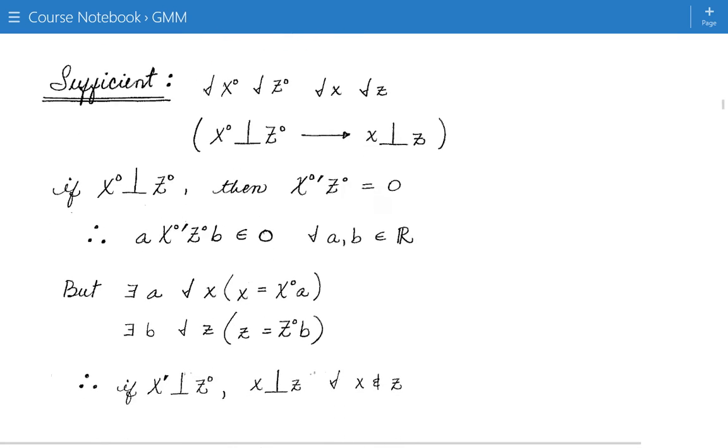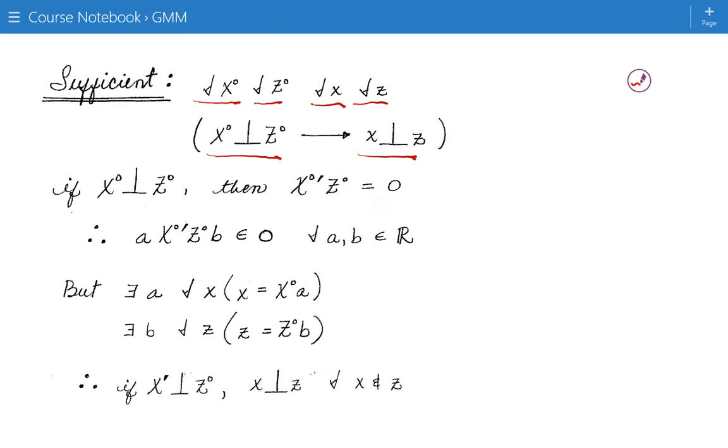Similarly, for the sufficient condition, for all bases X and Z and all of the vectors X and Z, if the bases are orthogonal, then all the vectors are orthogonal. If the bases are orthogonal, then of course their inner product is equal to 0, and therefore essentially any linear combination or scale, any constant times X naught transpose a constant times Z naught, is also 0.